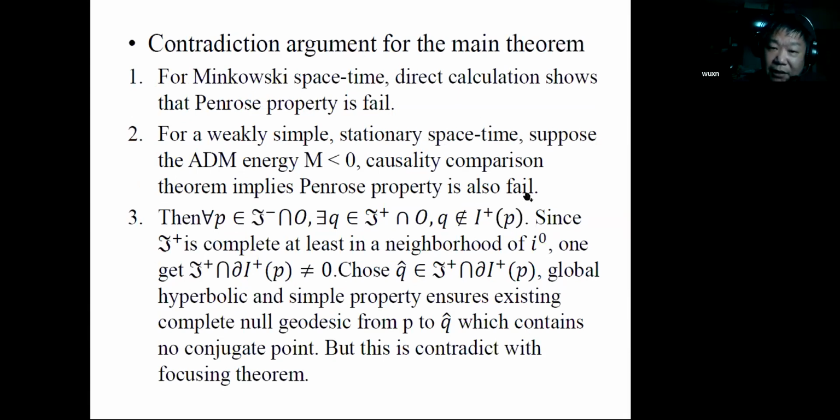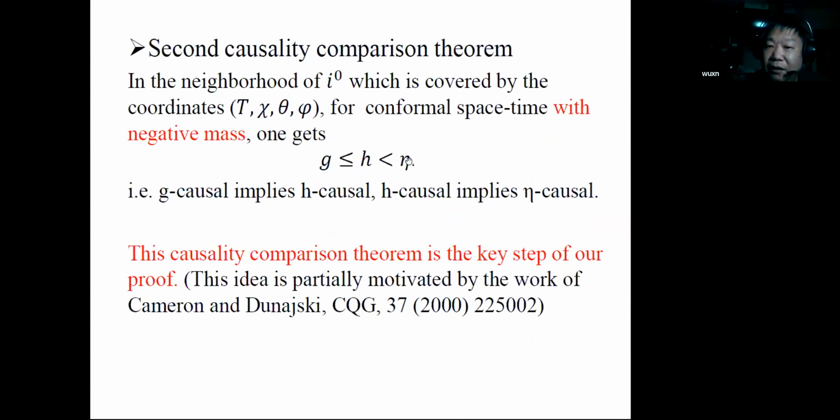Because for any curve, if it is causal when measured with the metric g, then it must also be a causal curve when measured with the Minkowski metric. Conversely, if a curve measured by Minkowski is space-like, it cannot be time-like when measured by the physical metric, the conformal metric g.